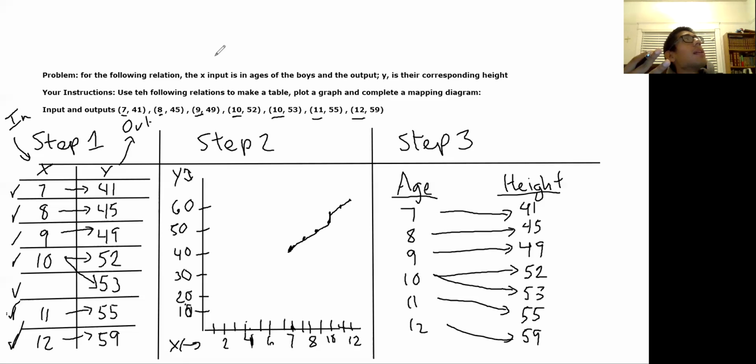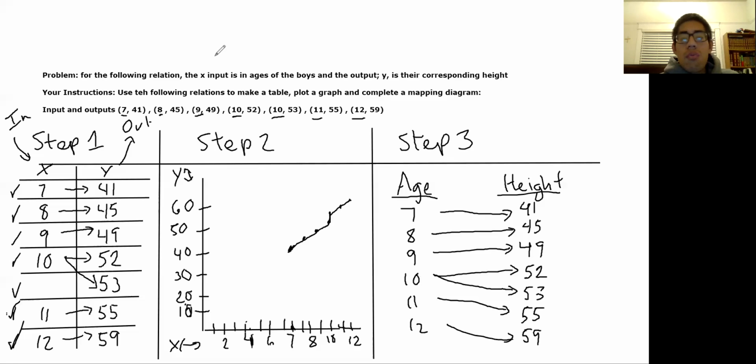Like let's say we have something like x plus 5, and our x was 10. Well, if we replace x with 10, the answer is going to be 15. There's only one y. There's only one answer. We're not going to get 15 and 16. That's not the way it works.